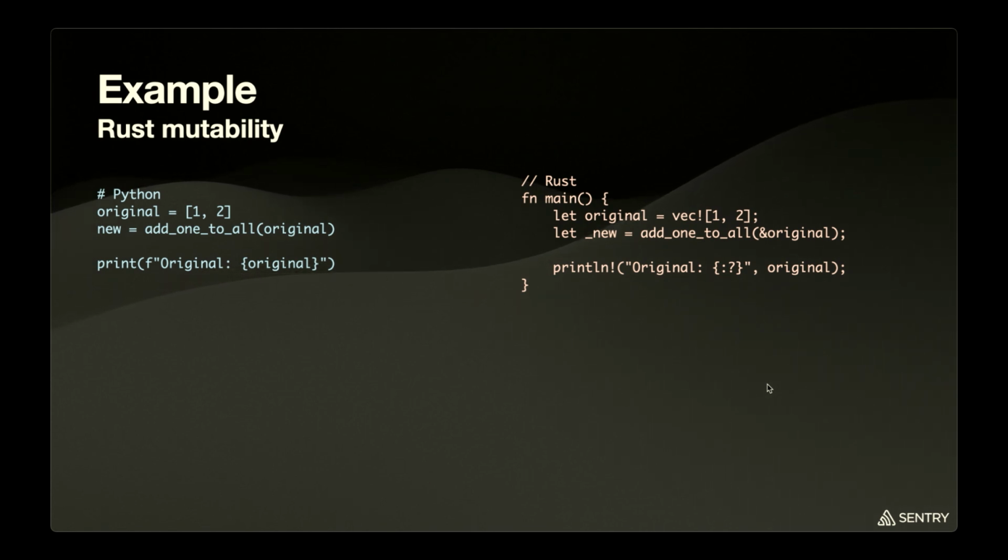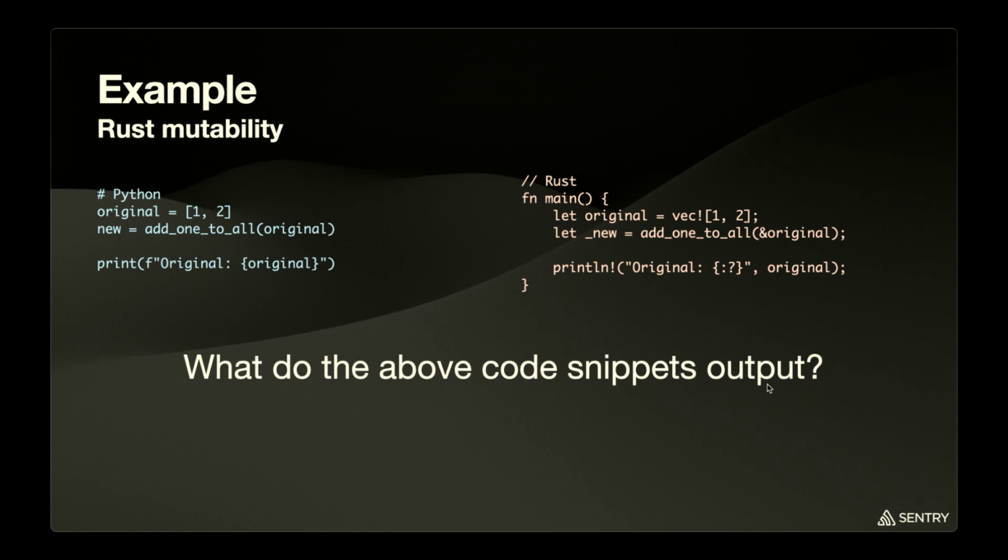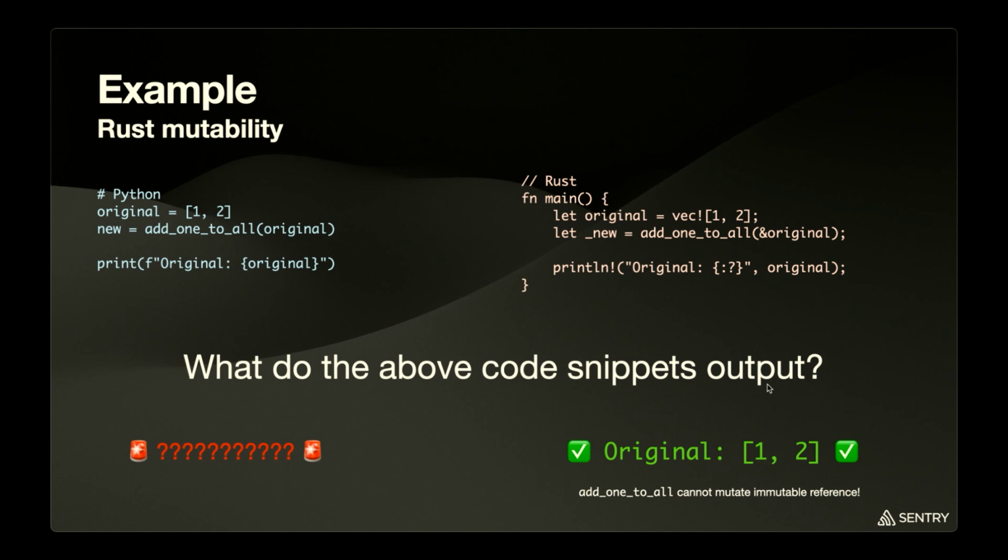And in the Python code, actually, there's no way to tell what the result might be. Whereas in the Rust code, because original is not defined explicitly as being mutable, we actually know that the original value cannot change from this function call. So as I show right here, the output in Python, we don't know what it is. The output in Rust, we know for sure what it is.